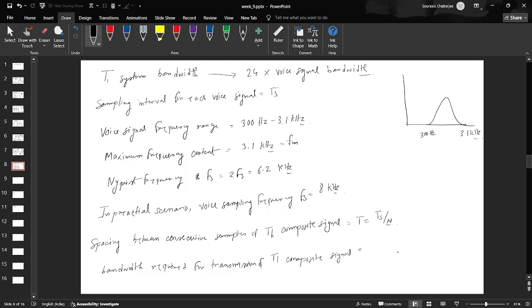So for this the bandwidth requirement of course is 1 over 2T, that is 1 over 2 Ts by n. Oh, sorry, I made a mistake here.